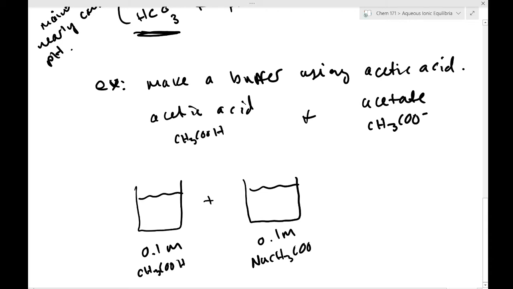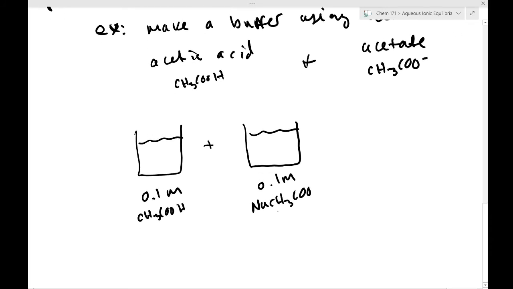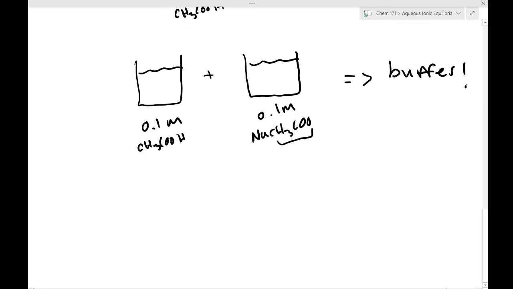Remember, we can have these counter ions of ionic compounds, and that's how we can get our independent form of acetate without having to deprotonate the acid. So when we mix these guys together, we will form a buffer. We have two independent sources of both the weak acid and the conjugate base. Now, what is the pH of this solution?